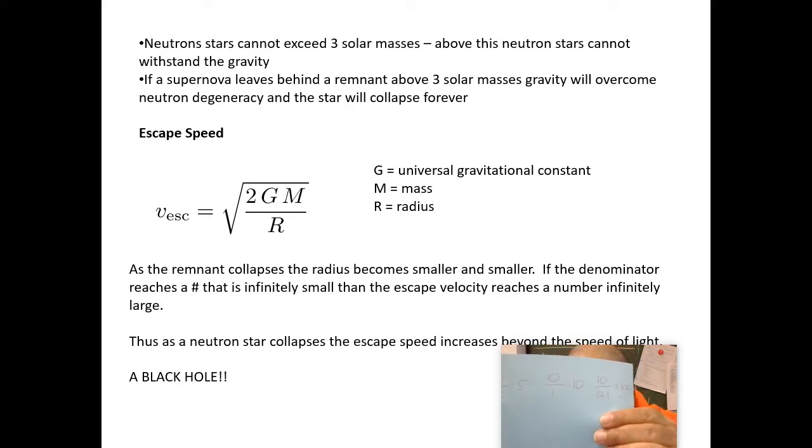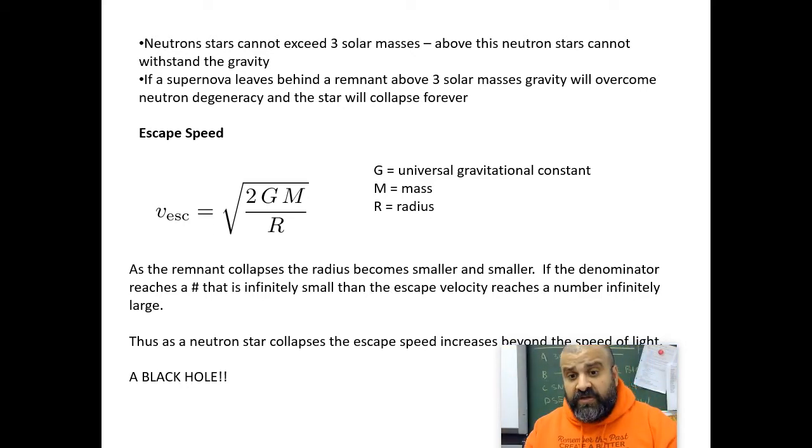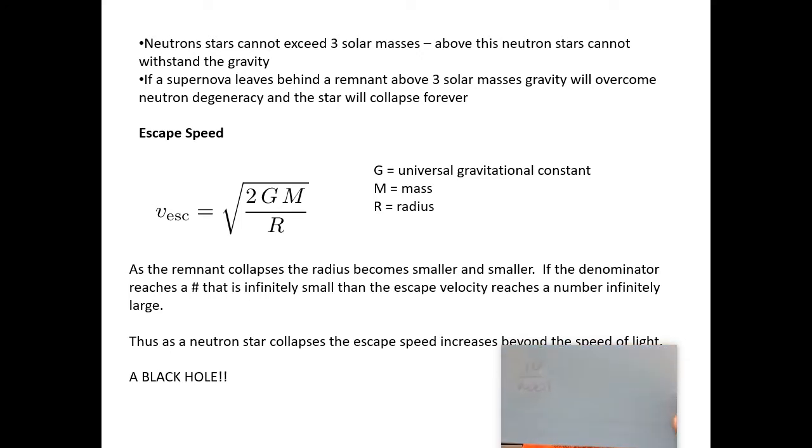So what you should start noticing is as the radius gets smaller and smaller and smaller, that escape velocity gets larger and larger and larger. So as the core keeps collapsing, let's say it got a lot smaller, and we got 10 divided by 1,000.